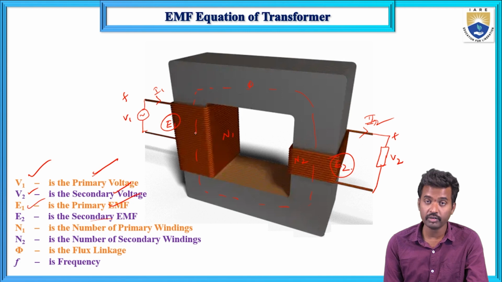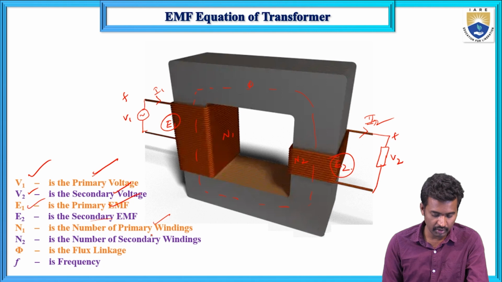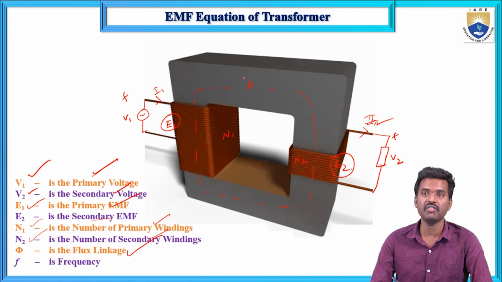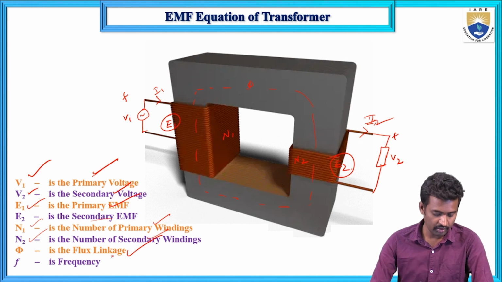If the secondary turns are more, then it is a step up transformer. Phi is the flux linking, and f is the supply frequency in hertz.